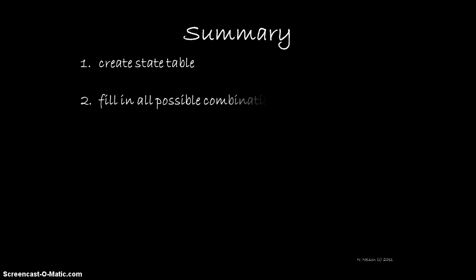So to summarize, when analyzing a synchronous counter, make sure you carefully follow these steps. First, create a state table that has a column for the present state, a set of J, K, and transition columns for each flip-flop, and a column for the next state. Fill in the present state column, making sure you have an ordered list that includes all possible states.